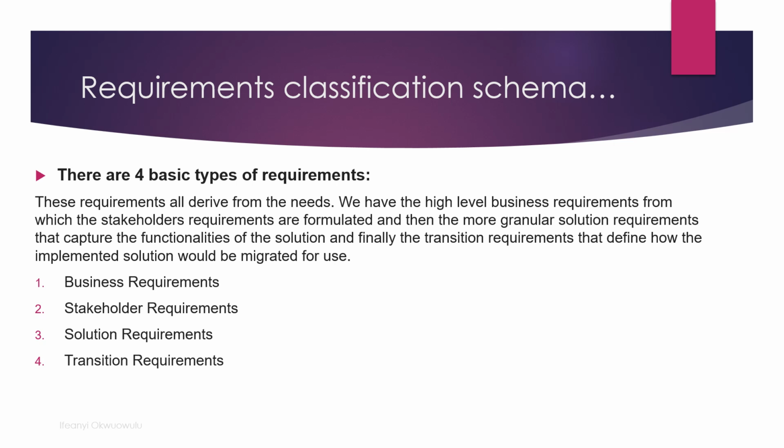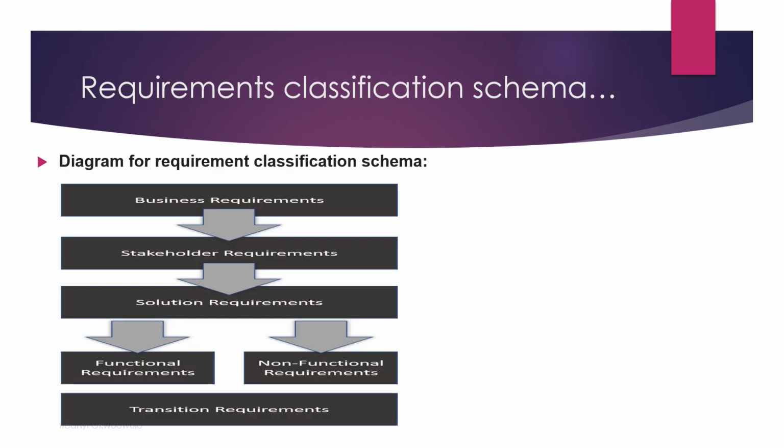After that, you have the stakeholder requirement, which gives you information about the stakeholder needs. After that, you have the solution requirement, which is further broken down into functional and non-functional requirements. And then finally, the transition requirement. So we move to the next page so we can look at that.